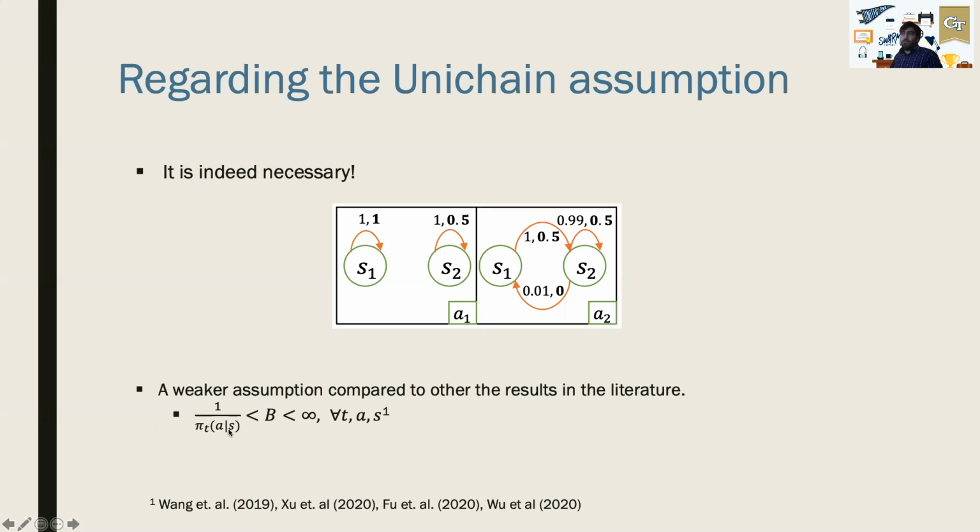And as a result, this condition might not be satisfied. So our main contribution is that we are getting rid of this assumption and we are just imposing the single assumption of the Unichain. Notice that in those works, they have almost the same rate as we have here, but we don't have any other assumptions.